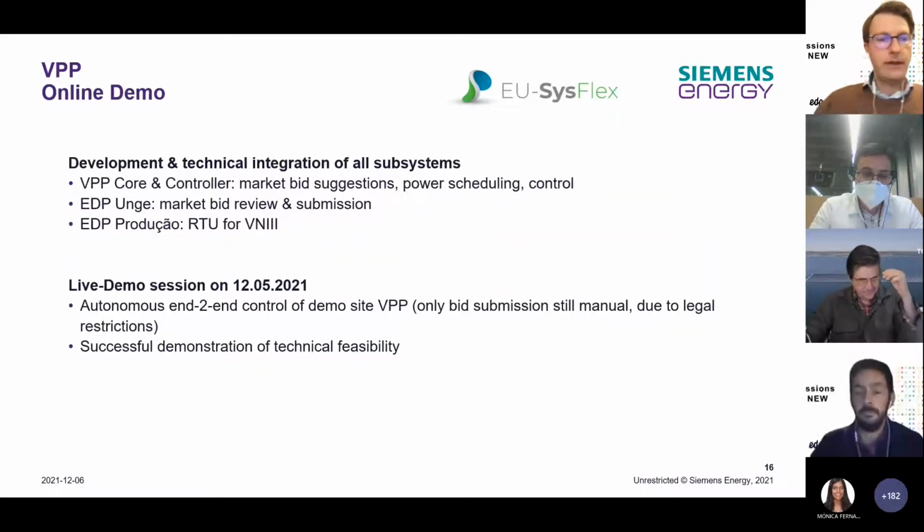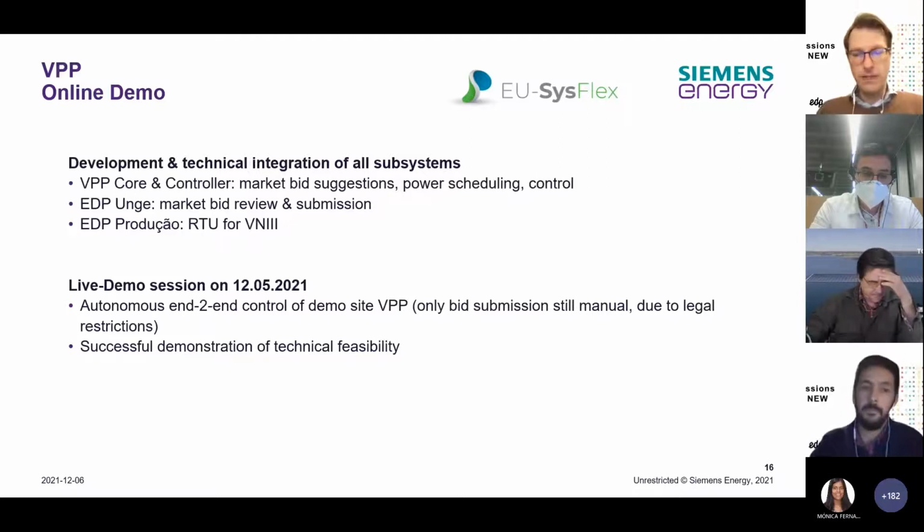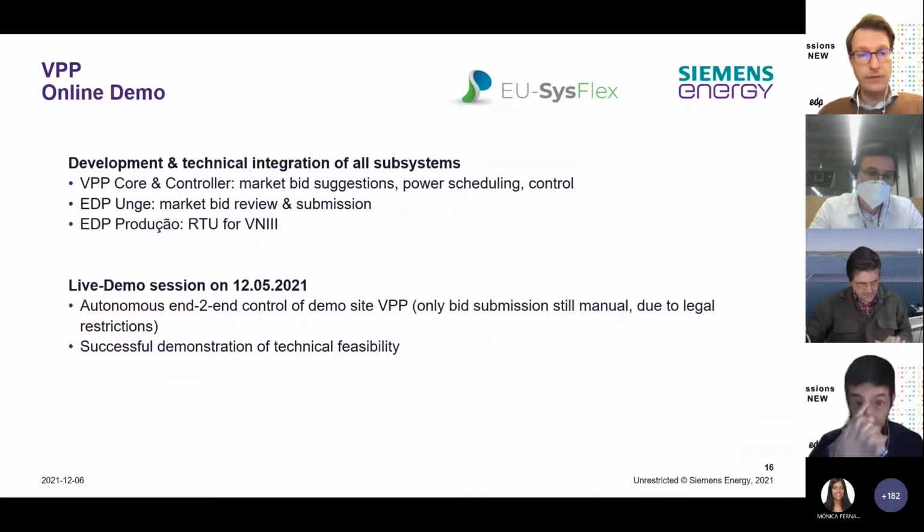Right, now when we look at the online demonstration, what do we want to do with it? The focus was to show the technical feasibility of the approach chosen, with having a cloud service and a controller. It was also not just a software development project.